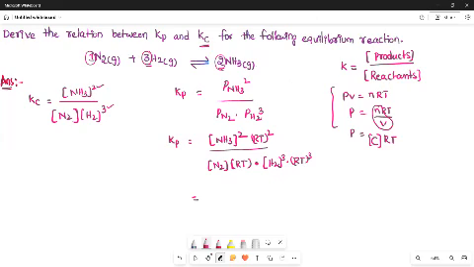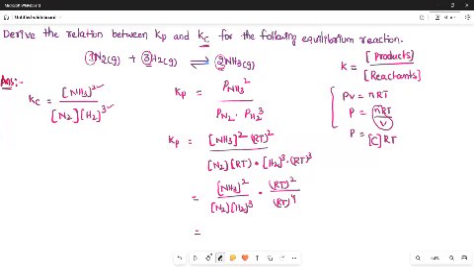So therefore, that will become concentration of NH3 power 2 divided by concentration of N2 and concentration of H2 power 3, into RT power 2 divided by RT power 4.